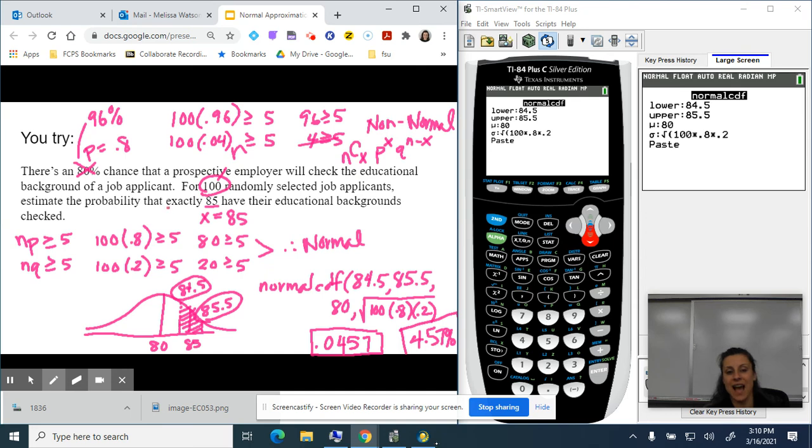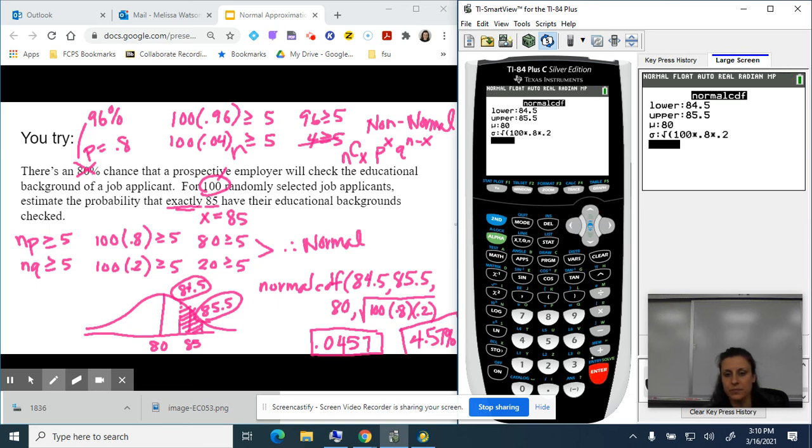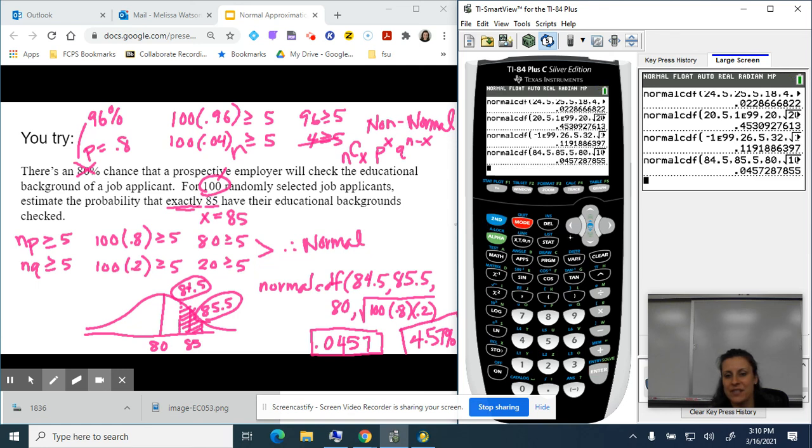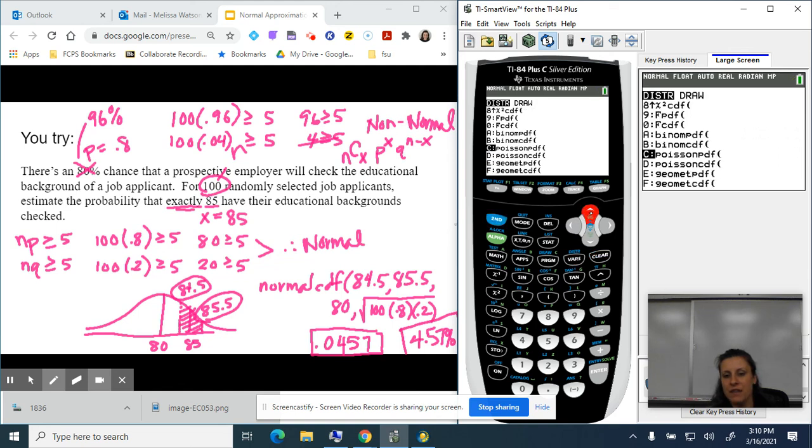Since we want exactly, it would be a binomial PDF scenario. So I would hit second vars, binomial PDF. That's choice A in my calculator. Oops. Let me exit out of there first. Sorry, guys. Let me try that again. Second vars, binomial PDF.